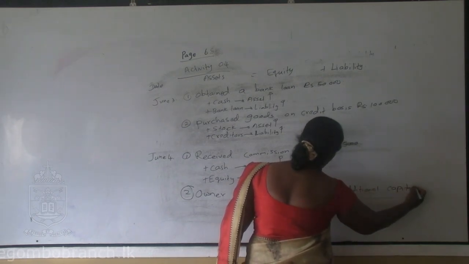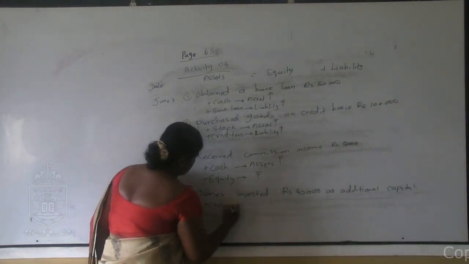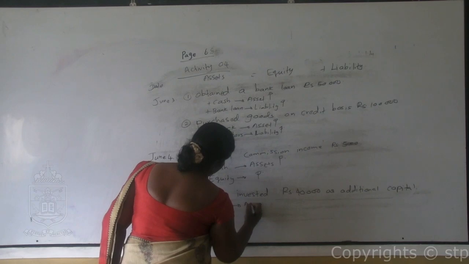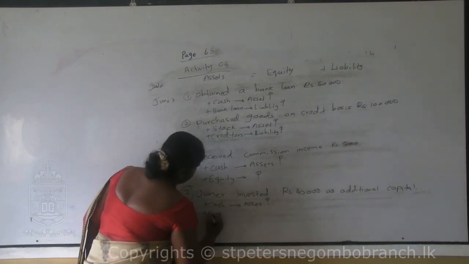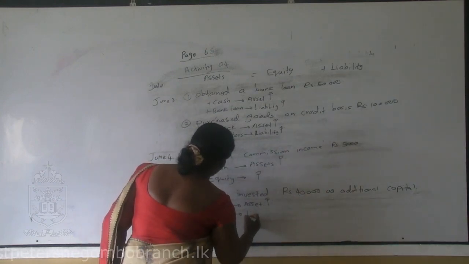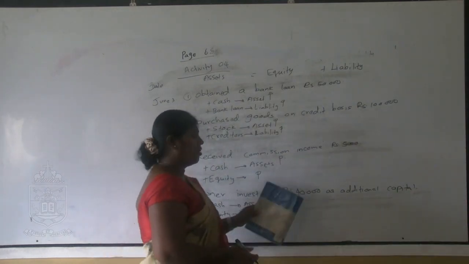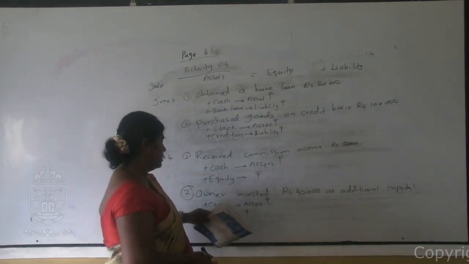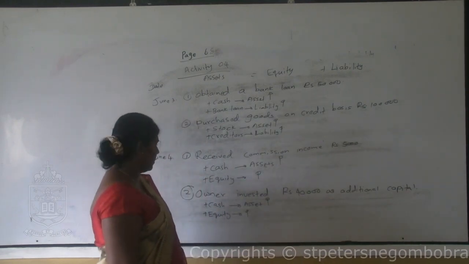So because of this transaction, cash increase because it's an asset, equity also increases, because with increasing assets, equity also definitely increases because of additional capital.